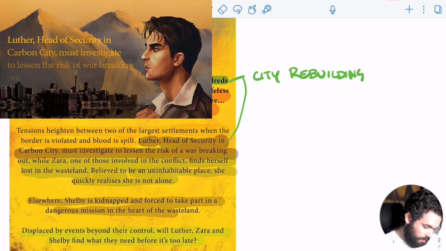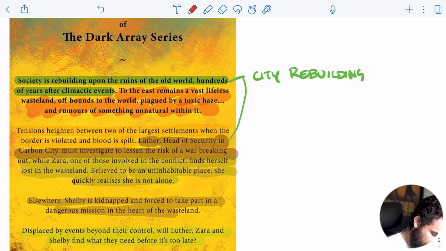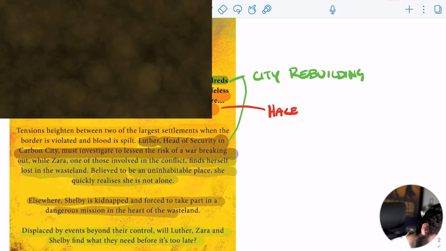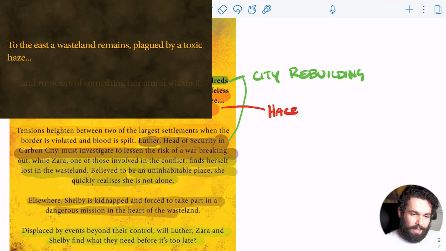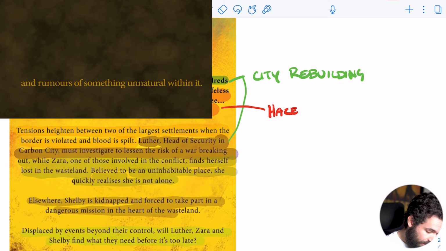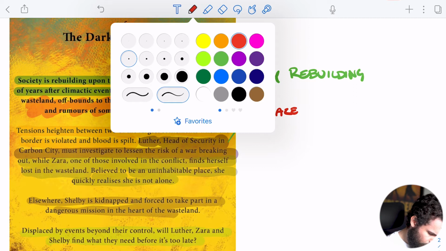Then for the second one, which I will get a different pen for, so this one here, it's talking about a vast, lifeless wasteland with haze. So for me, the cheaty, easier option was just creating some haze. Having haze as the background was easier than actually creating another wasteland, which in hindsight, I ended up making a wasteland for, I think it was this one.